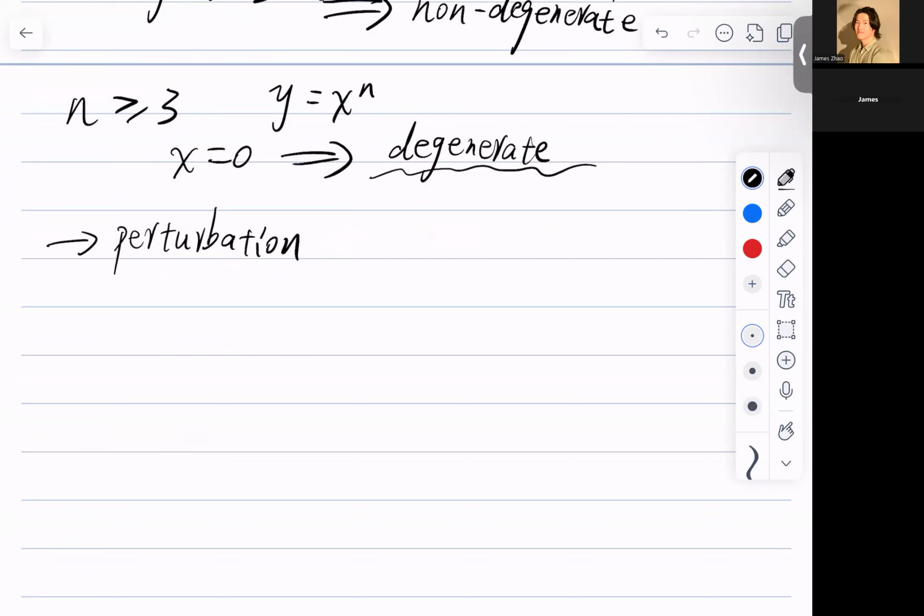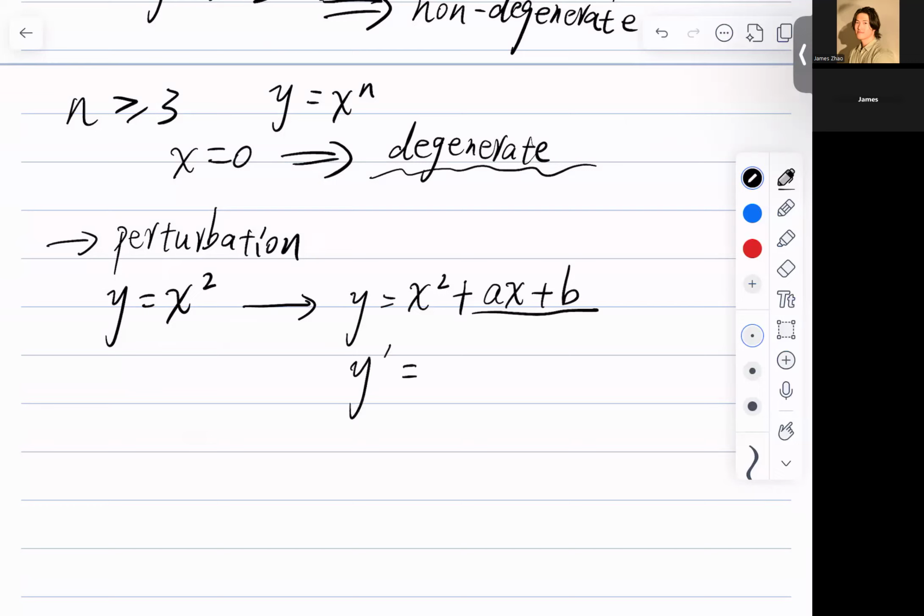So again, we're going to do this example again. Let's look at our previous example, y equals x squared. We already know it has a non-degenerate critical point. And let's add a linear perturbation, which will look like this. So we simply add this linear term, ax plus b, to this original function. And now we take the derivative. We end up having y prime equals 2x plus a.